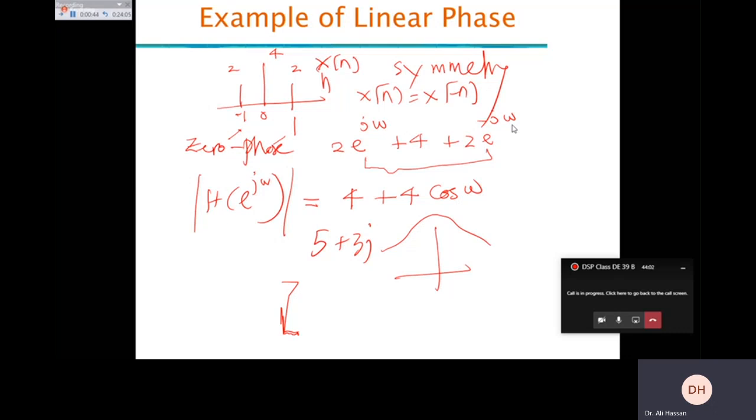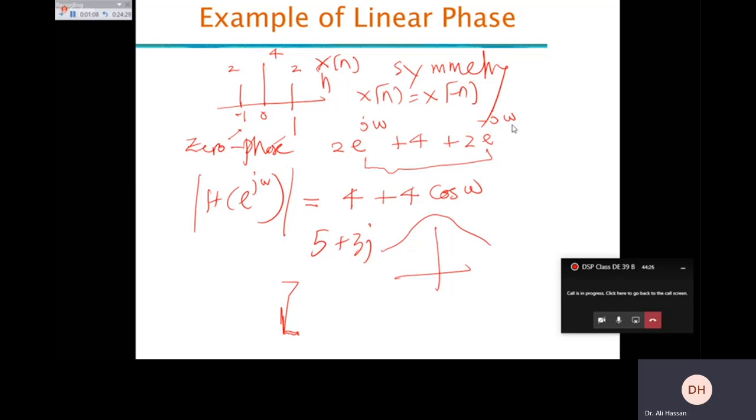Once there is no phase in it, we call this a zero phase system. But there is one problem in a zero phase system: whenever you have something on the negative side in the impulse response, it means it is not a causal system. It will require a future input value.